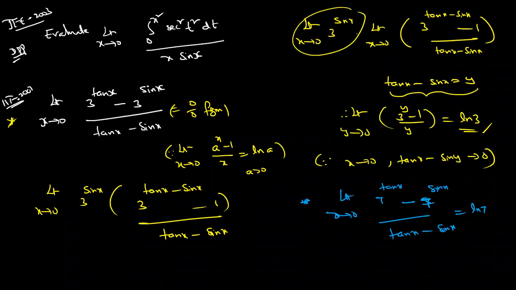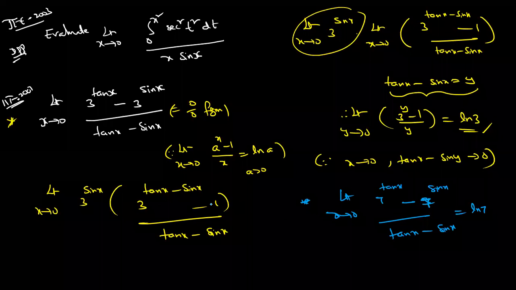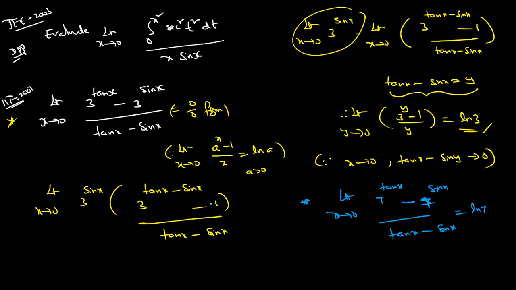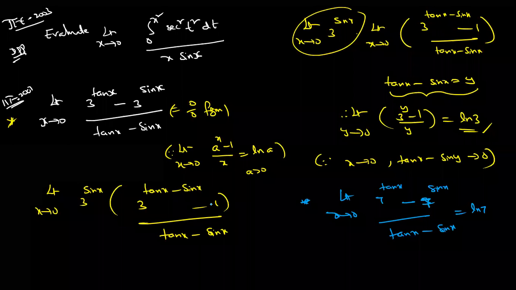In the place of 7, they can give k or lambda, with the condition lambda greater than 0. So the answer is ln lambda, ln k, like that. You should understand that one. Write the models.